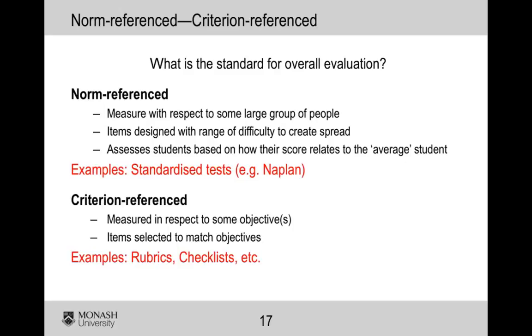Criterion reference is the idea that you're measured in respect to some objective or objectives, and the items selected match the objective. So for this unit, we have a rubric, and those are specific things where you need to show that you can do that particular objective or criterion, and the rubric is set up in that way. So it is criterion referenced.